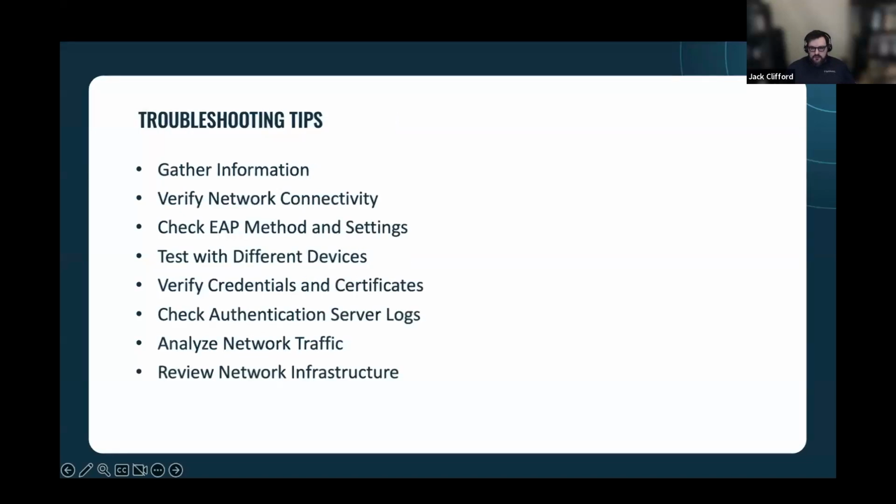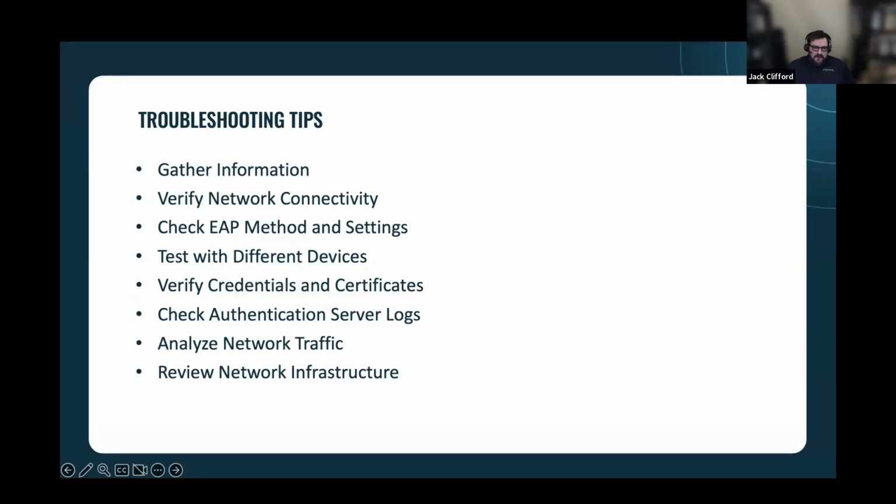So here are some quick troubleshooting steps you can take if you have an EAP or authentication specific issue. You want to first gather as much relevant information as you have, so you can understand exactly what the end user is complaining about and how they're impacted.